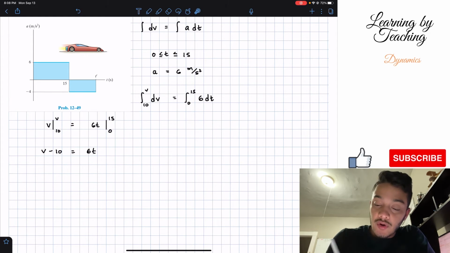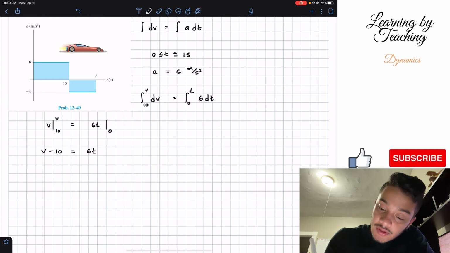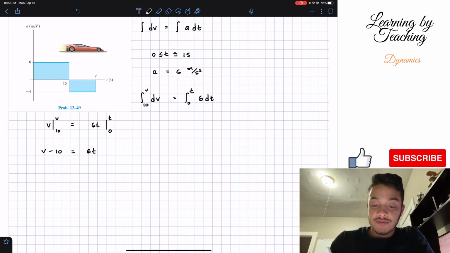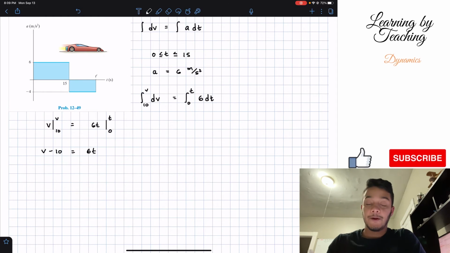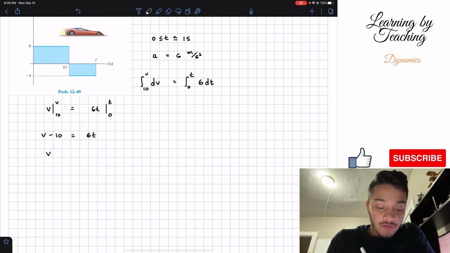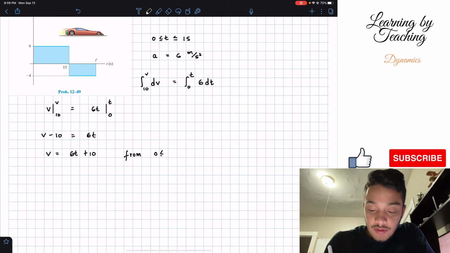So I'm going to change this 15 to a value of t because I want to leave our equation in terms of t. So this will be equal to 6t minus 0, so I'm just going to leave it as 6t, okay? Then I'm going to solve for our velocity, and our velocity should be equal to 6t plus 10, okay? And then this is valid from 0 all the way to 15 seconds, okay?